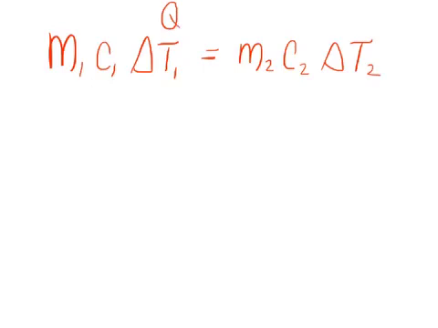Because remember, the heat that is transferred from one object goes into the other object. Again, the heat transferred from the cup, because the cup is hotter, goes into the water. And there's no loss of heat in a calorimetry example. The idea is that it's perfectly insulated. Now, the only thing that we're really missing is our value of C1, the specific heat capacity of the cup.